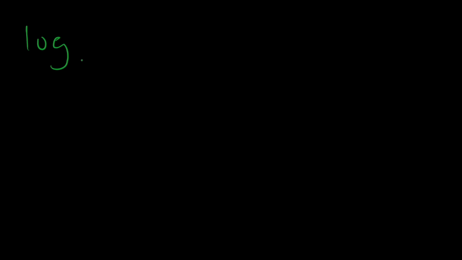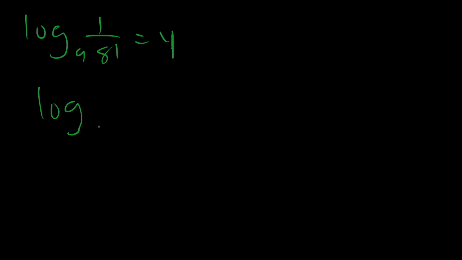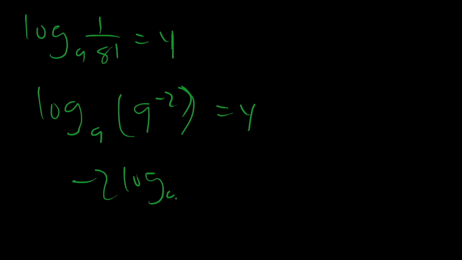Log base 9 of 1 over 81 is equal to y. How do you solve for y? So this problem is very straightforward. So 1 over 81 is equal to 9 to the power of -2. So you can move -2 to the front. y will be equal to -2.